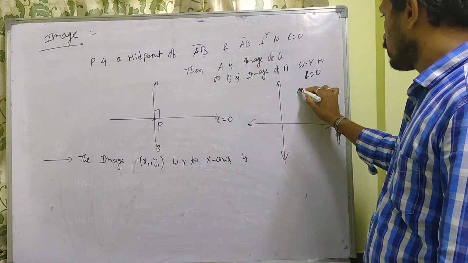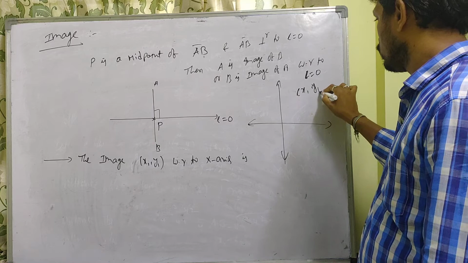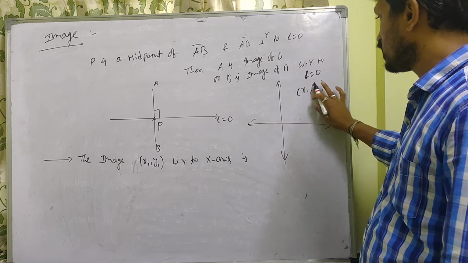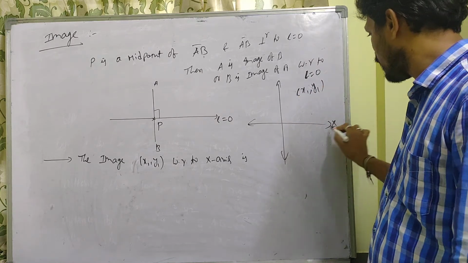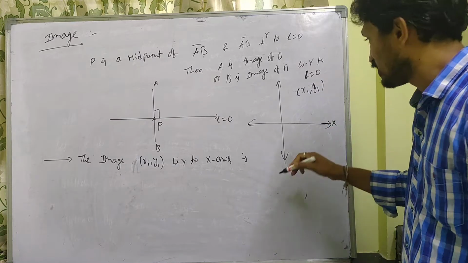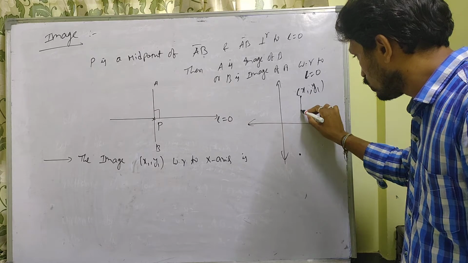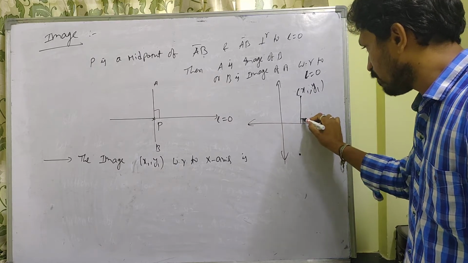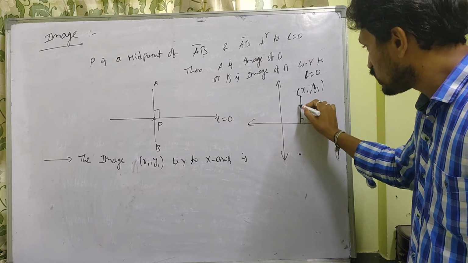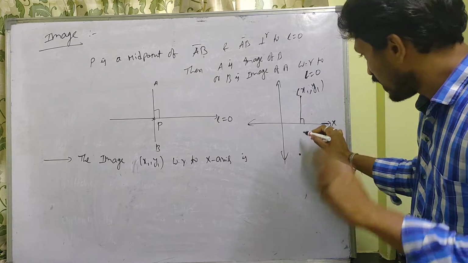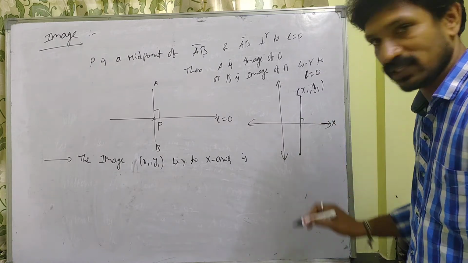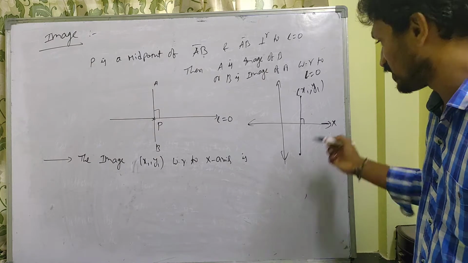Here some (x1, y1) is there. So we want to find the image of this (x1, y1) with respect to the x-axis. With respect to the x-axis means, if you take the perpendicular to the x-axis, the same distance on the opposite side of the x-axis will be our image.